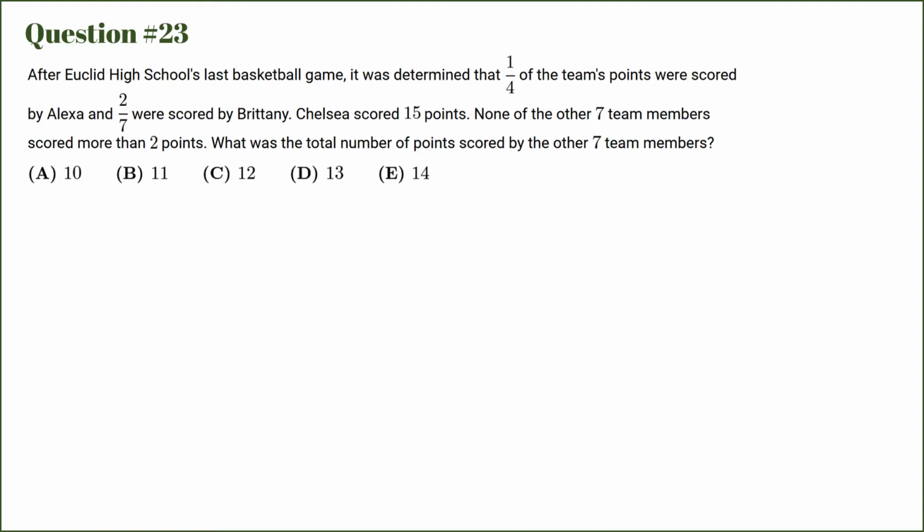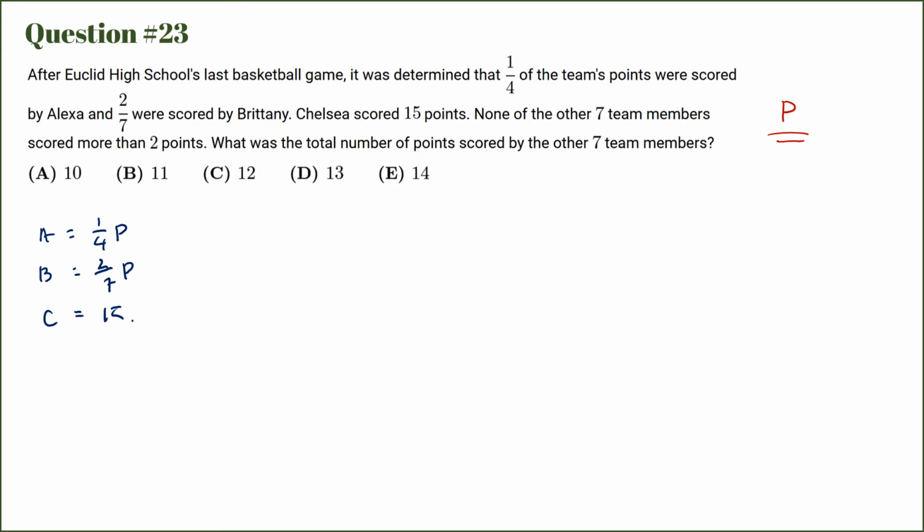First of all, let's denote P as the total number of points scored. Alexa scored 1/4 P, Brittany scored 2/7 P, and Chelsea scored 15 points.